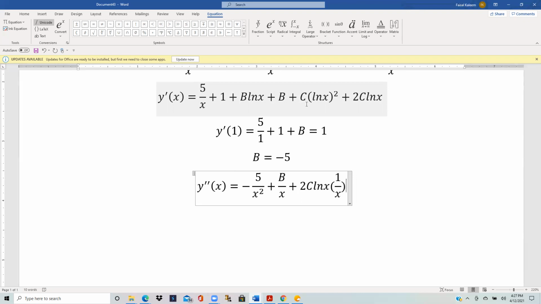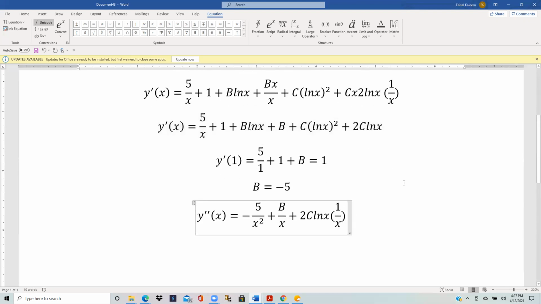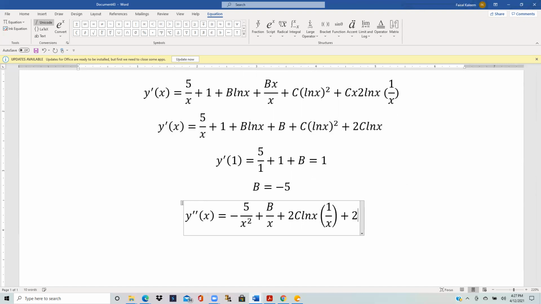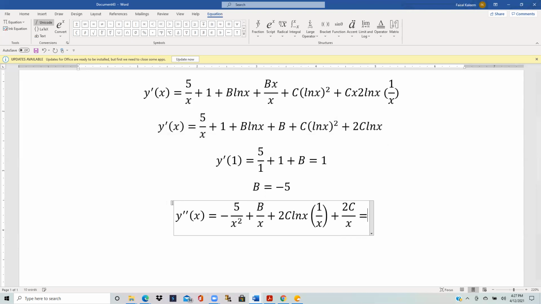And here it's 2c divided by x plus 2c divided by x, because 2c is a constant and derivative of ln x is 1 over x. So now I can substitute the, okay, and y double prime is equal to 0.